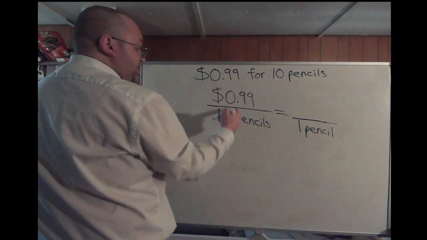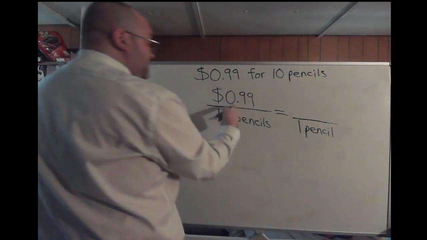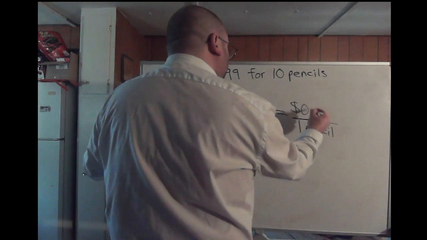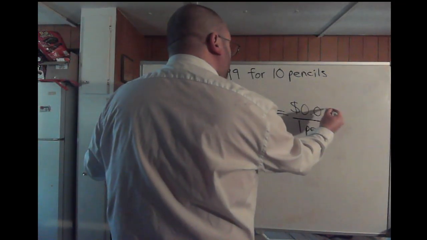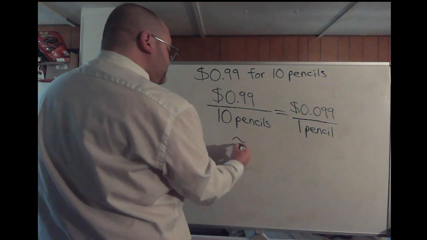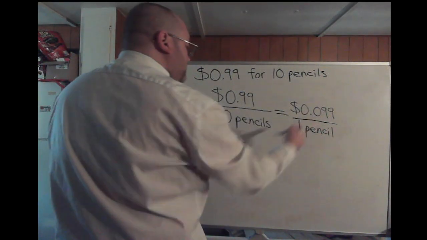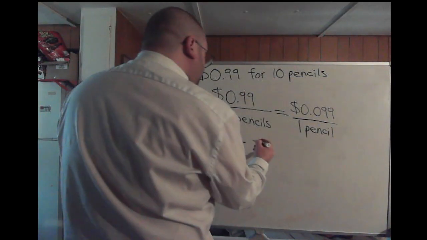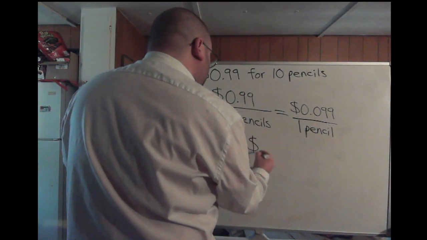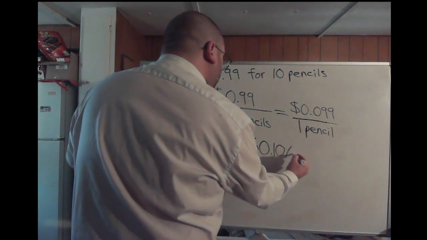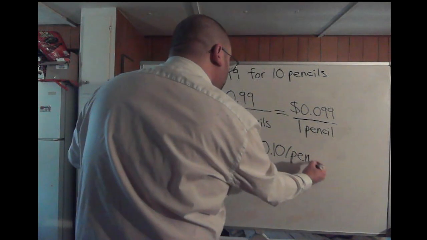So that means you also got to do it to the numerator. You divide the 99 cents by 10. What you're actually going to have is a pretty hideous figure here. It'll be 0.099, which is approximately equal to, we know it doesn't break down into thousandths of cents. It would just round up to the next cent. So that'd be approximately equal to 10 cents per pencil.